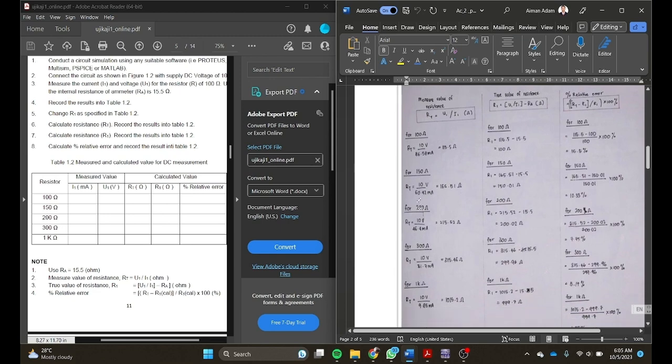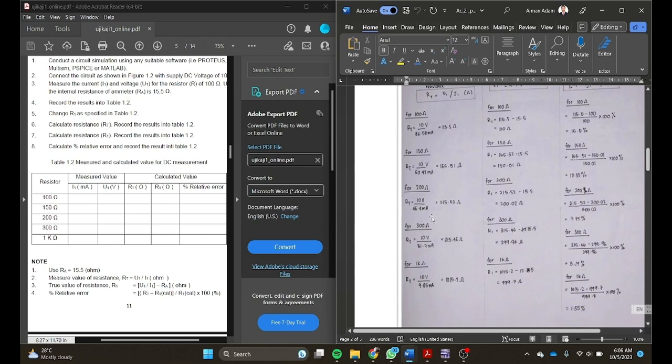For the 150 ohms, RT is equal to 165.51 and R1 is 150.01, and the relative error for the 150 ohm is 10.33%. Next, for the 200 ohms, RT is equal to 215.52 ohm and R1 is 200.02 ohms, and the relative error is 7.75%.